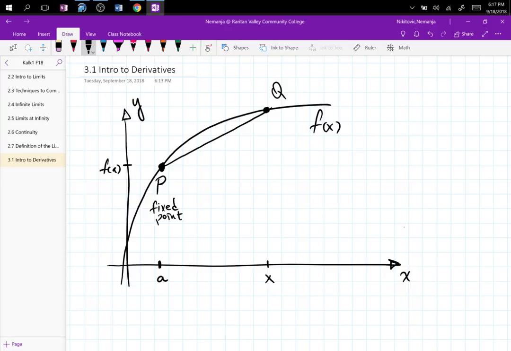Because that's going to be the output. So now, this line is called the secant line. Secant means in Greek to cut. So you see that this line slices through the function.